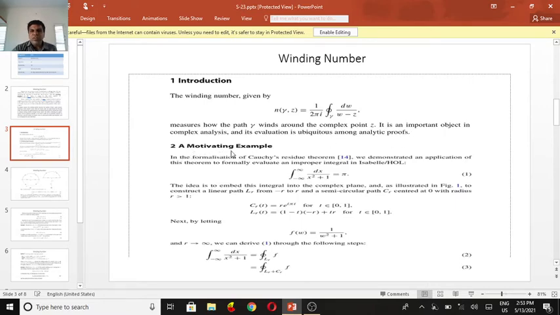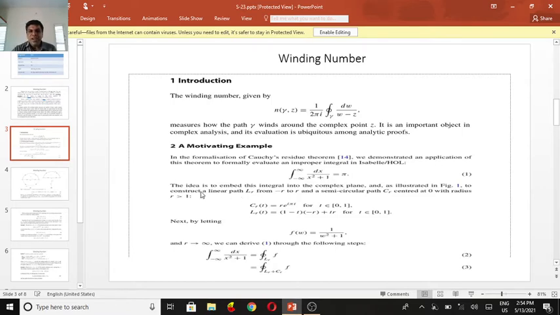Secondly, as the motivating example in the formalization of the Cauchy residue theorem, we demonstrated an application of this theorem to evaluate an improper integral in the theory of Isabelle: the integral from minus infinity to plus infinity of dx divided by x squared plus 1 is equal to pi.